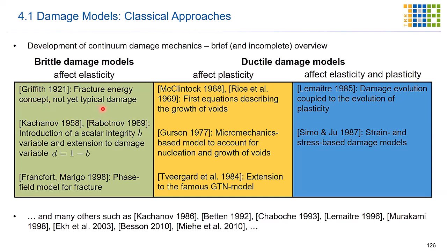It was not typically named damage, but it's associated with the energy that you need to create fracture. And other developments have been the scalar integrity variable that is in most cases defined as 1 minus damage, or damage is 1 minus B, where B is the integrity.